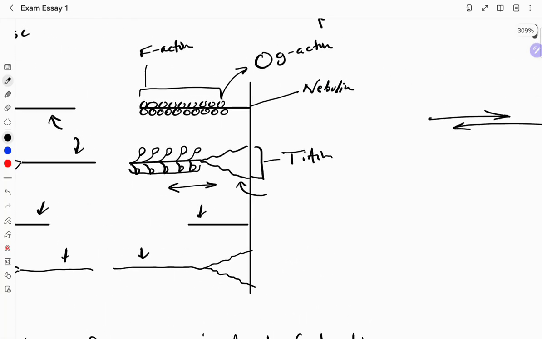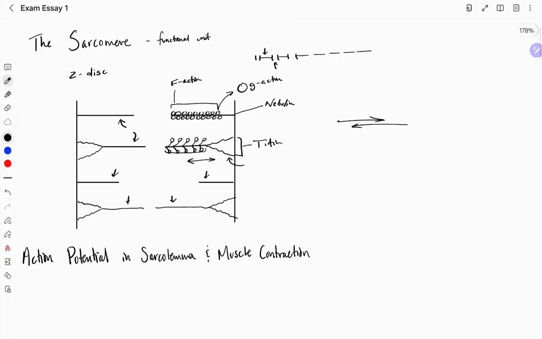But I'm just going to focus. I'm just going to draw it once so we can see what it looks like. No need to draw it more than that. Something that's important for us to understand is that this F-actin, I'm going to draw it right here again, a little bit bigger, has all these G-actin proteins connected together, and they're also going to have a protein called tropomyosin that I'm going to symbolize as this kind of wavy line.